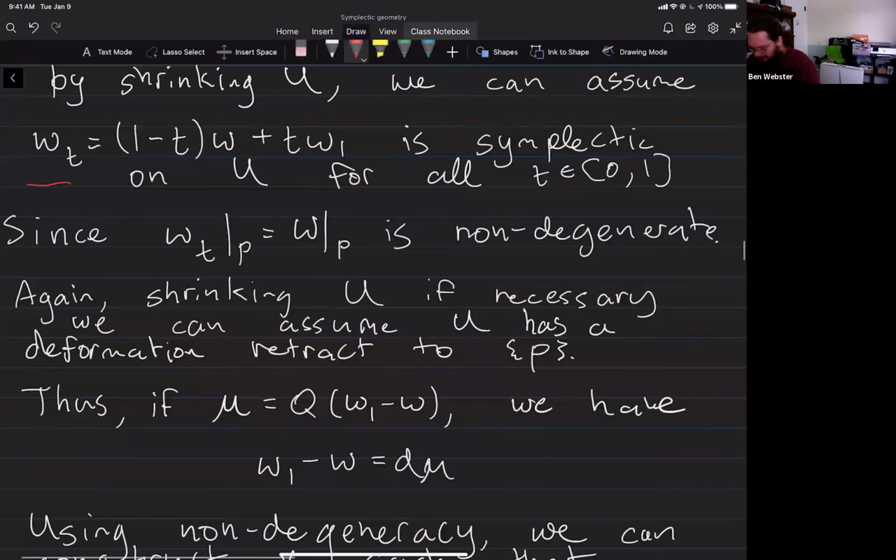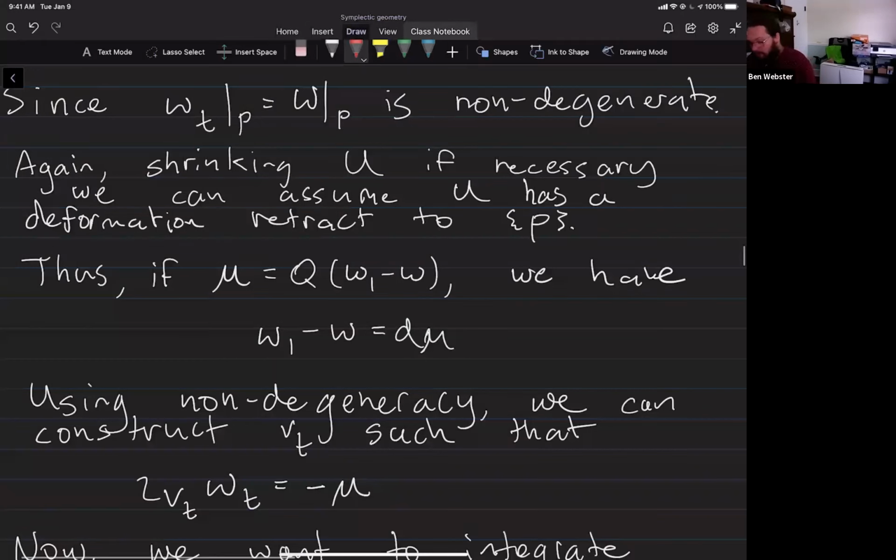Similarly, I might have to shrink U, but I can assume that it deformation retracts to P. One way to think about this is I chose a metric, so I can assume that U is a very small ball in that metric. Since it's an open subset, it contains a ball of some radius, and I can just keep making that radius smaller.